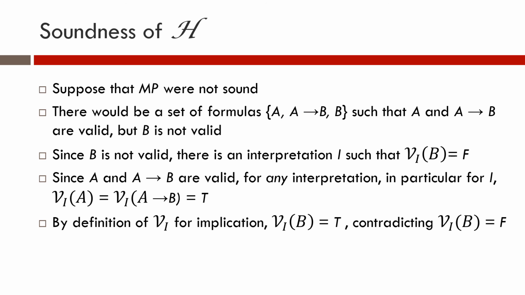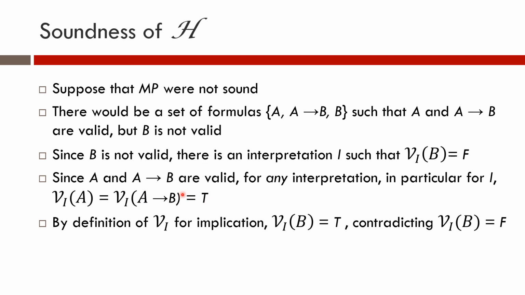Since B is not valid, there should be some interpretation I for which the truth value of B is false. And our assumption is A is valid and A implies B is valid for any interpretation, in particular for I. So if for interpretation I, A is valid, the truth value of A should be true. And if A implies B is valid, then the truth value of A implies B also should be true.